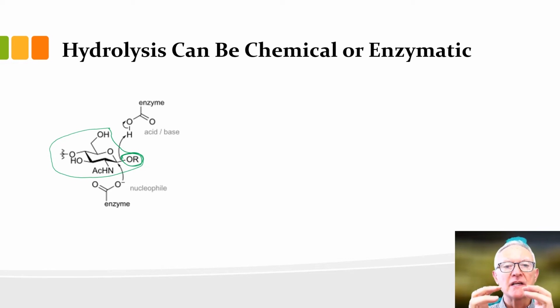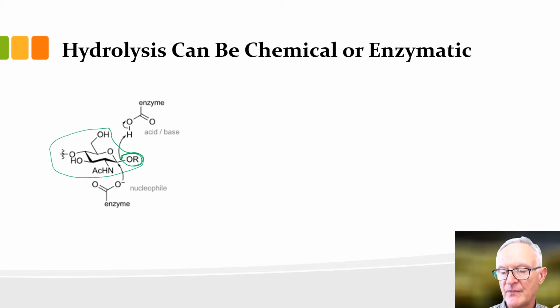In that pocket, there are amino acids lining the inside of that pocket that promote certain reactions to happen. So enzymes catalyze chemical reactions. And those amino acids that line that active site of the enzyme are often there in exactly the right position to promote certain chemical reactions of the substrate which has entered the pocket of the enzyme.